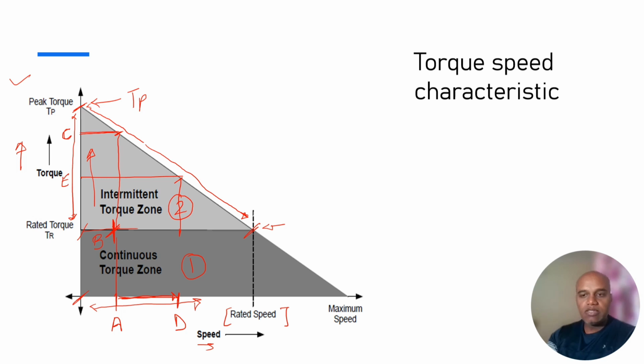So in a way, the BLDC motor is capable of giving you sudden acceleration if it is required, as we sometimes need in EV applications.